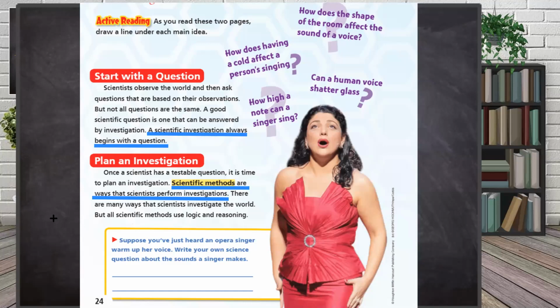Anyone, do you have any idea? A good question, you have to make it a good question. A good question is when you are able to make an investigation about it. So I want you to ask a question and you think you can follow the methods to answer this question. You can make an observation and then you can ask this question.